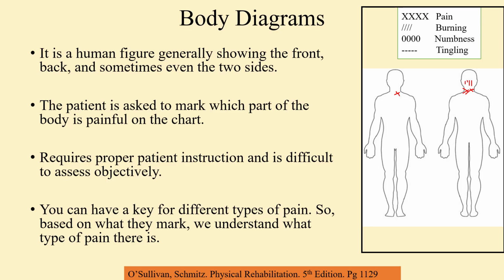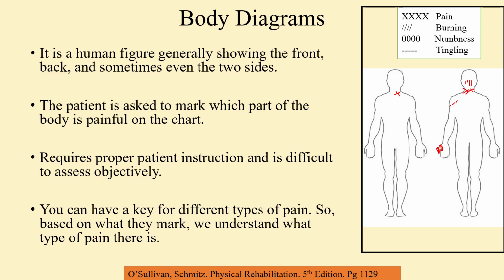If there is numbness in the thumb because of this cervical problem, then he can make these circles over here. And if there is tingling in this abductor region, you can draw this tingling line. So basically you can depict whatever your symptom is on these body diagrams.